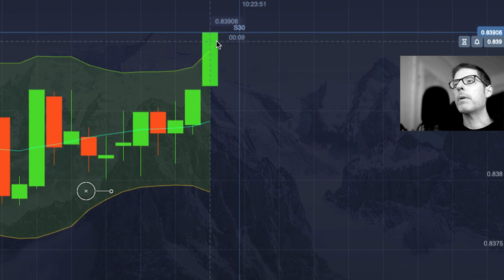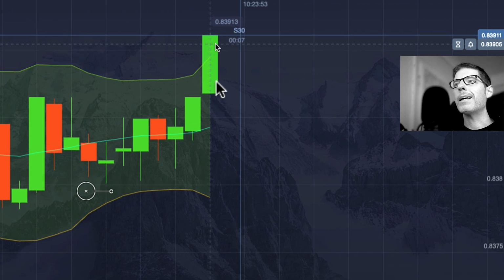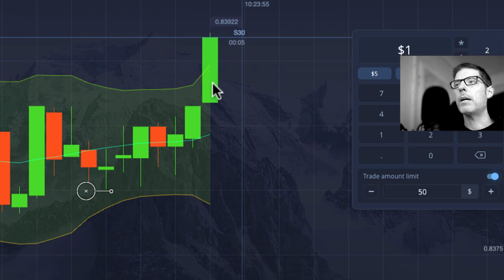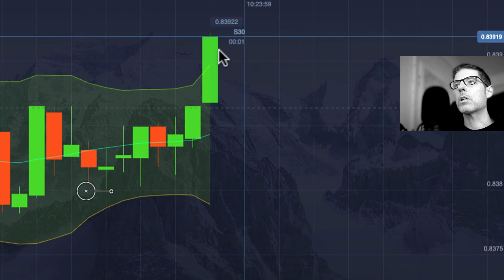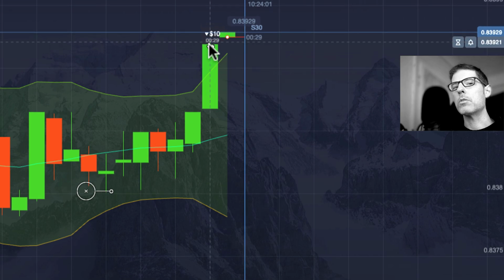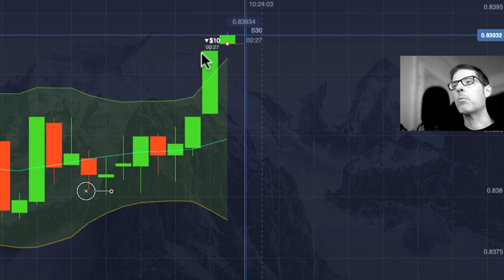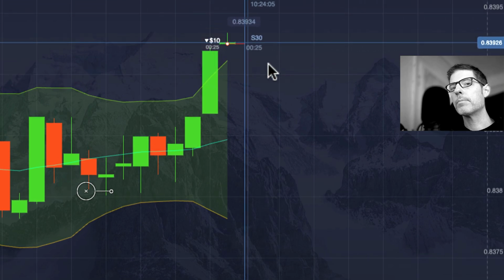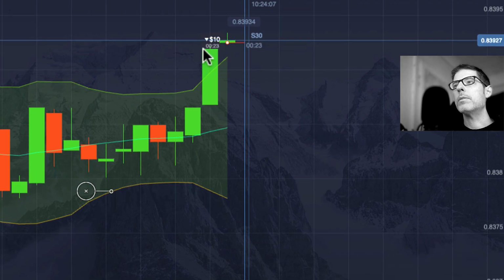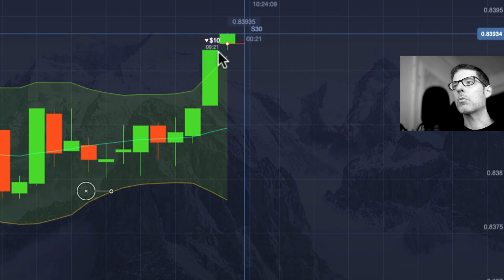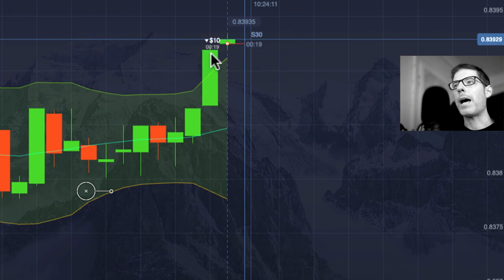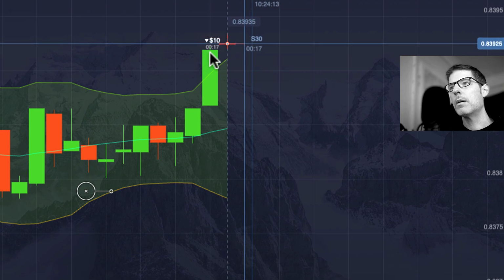We can see that we have a green candle breaking out on top of the Bollinger Bands. We're waiting for this to close, and there's the close. As soon as the close happens, I went ahead and entered the trade. So both the top corners of this green candle have closed outside of the Bollinger Bands. Perfect.